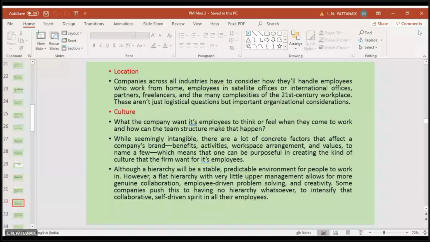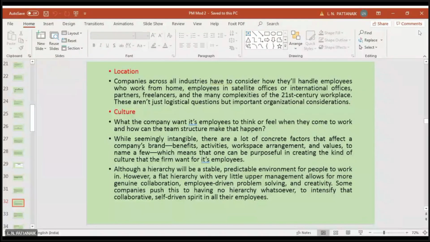Just as a contrasting example, suppose your whole business is limited to a particular city. All your 500 or 1,000 employees are in that city only. Nobody is living outside. All are working from that place only. Then the organizational structure will be quite different from when your workforce is distributed among many countries or even many states.